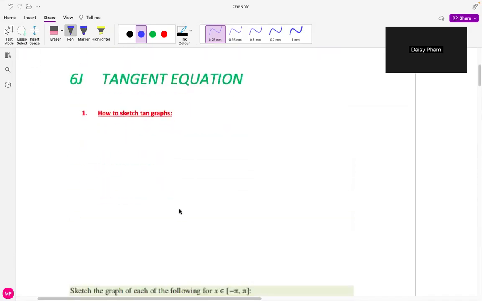Now, how to sketch a tangent graph? So let's say our basic equation is y equals a, the dilation factor, times tan of nx. Our first step is we're going to find the asymptote of the tan graph.